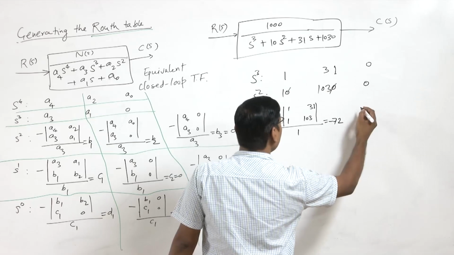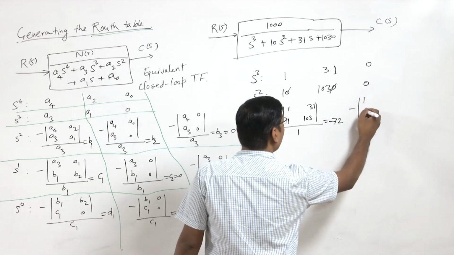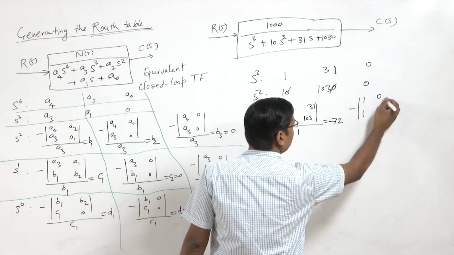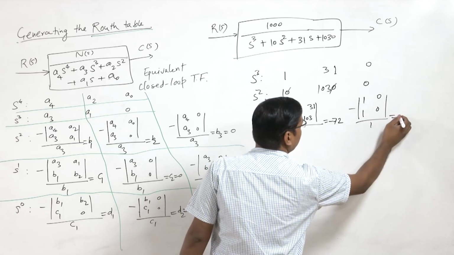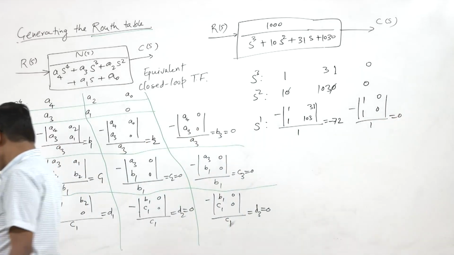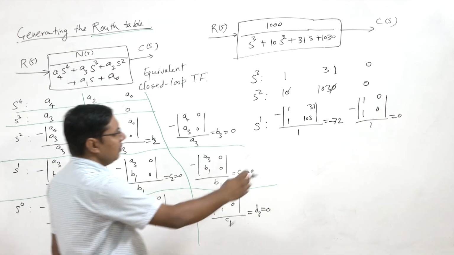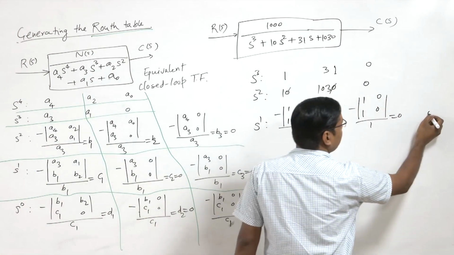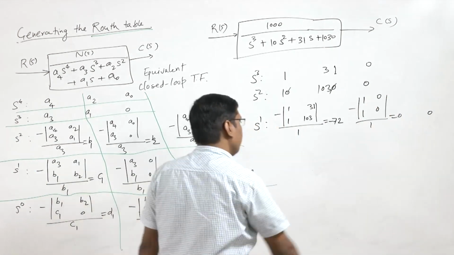Now the second element minus 1 1 and 0 0 by 1, that is equal to 0, and the third element will also be 0 because this column will be 0.